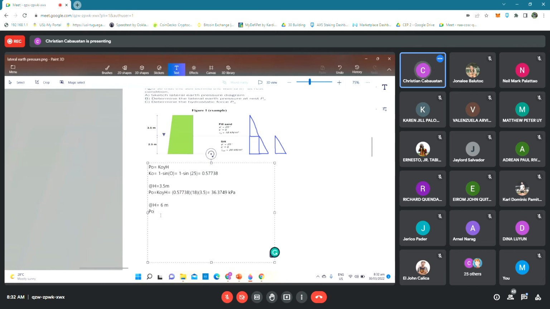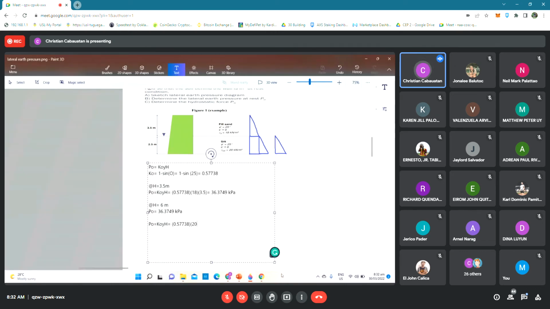So PO for the first part, the square part, is equal to 36.3749. There is no change there. But here we have another triangle, which is PO equal to KO times gamma H, with KO being 0.57738, multiplied by your gamma, which is 20.